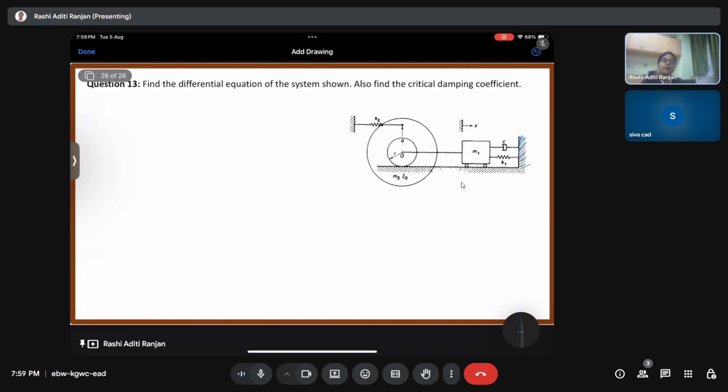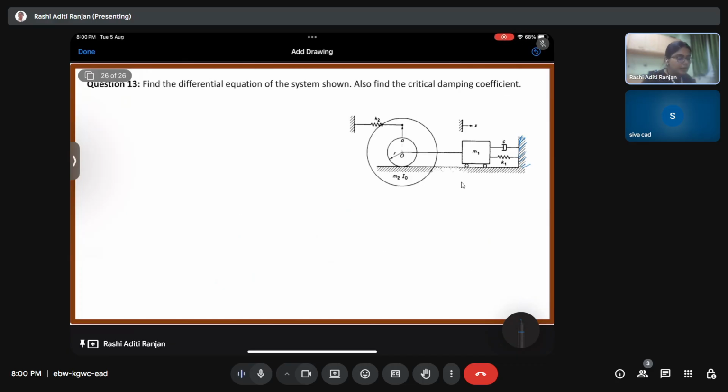Now, the question is how do we find out the differential equation and the critical damping coefficient? Okay, so see, the first thing to notice is that it is somewhat related to what we have done earlier. The only difference is that here K2 is connected at a distance a from O.